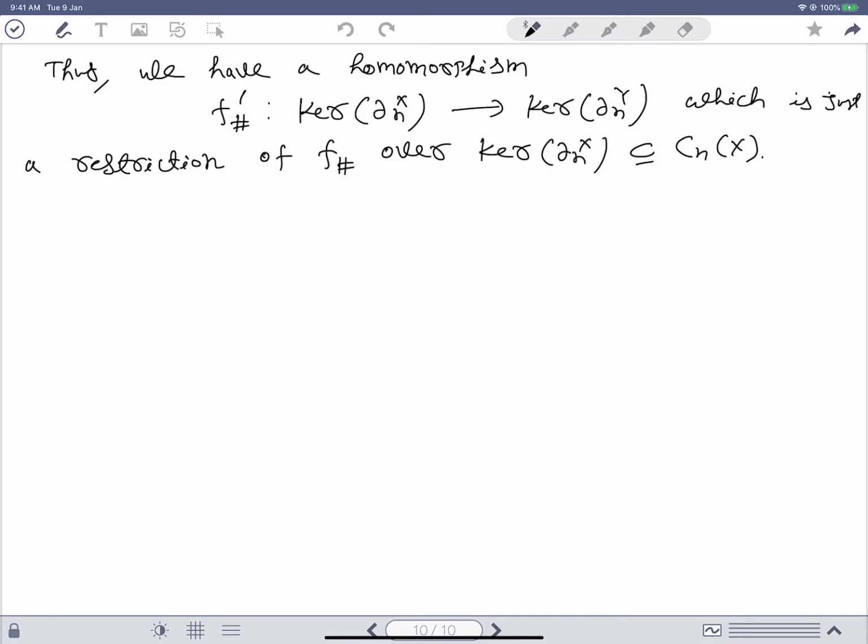Fine. Now note that here I shall use one fundamental result of algebra, not the fundamental theorem of algebra, one result.